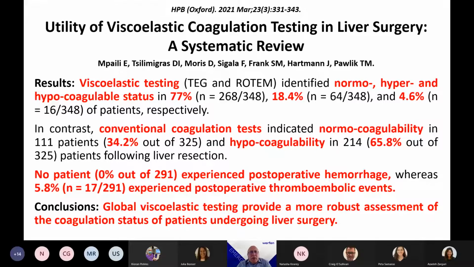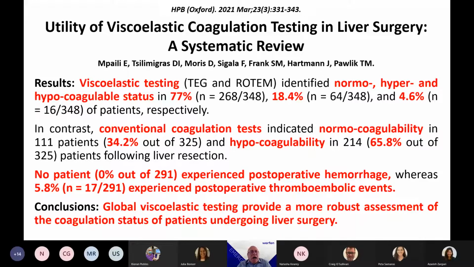So here, when we look at patients undergoing liver surgery, and usually they also have some liver disease, viscoelastic testing showed in 77% that there is a rebalance, so there's a normal coagulopathy.